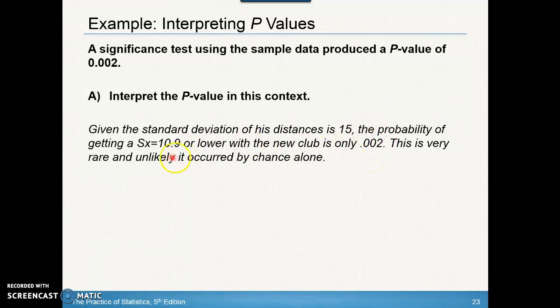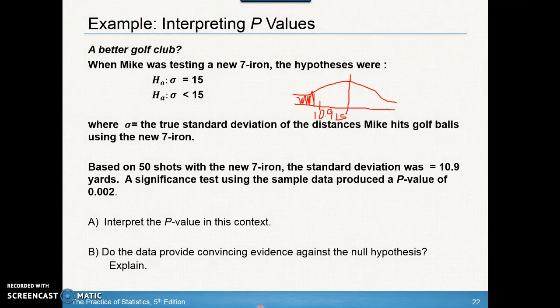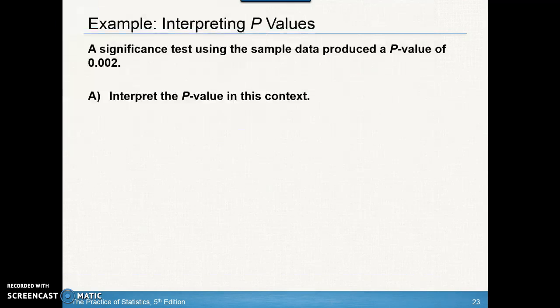It's the probability of getting a statistic that extreme or more extreme, in this case lower since we're testing less than. This is very rare and unlikely to have happened by chance alone. If you take a look at this graph, it's really far away from where it should be. Since it is, does that give us evidence against the null?